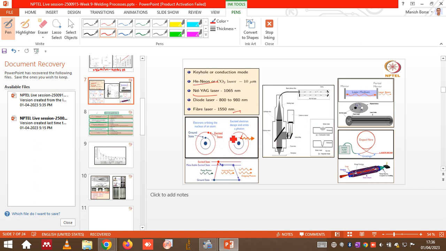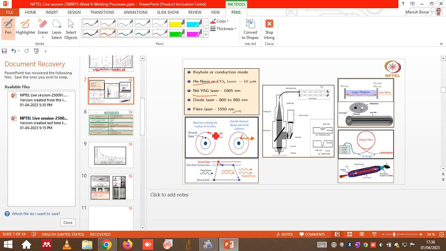Okay, and if you remember, the basic principle in the laser is that in an optically active material, any optically active material, if we give a certain amount of incident energy, maybe any other laser source can also be used here. If it is striking, electrons will go from the low energy to the high energy state, or you can say excited state.